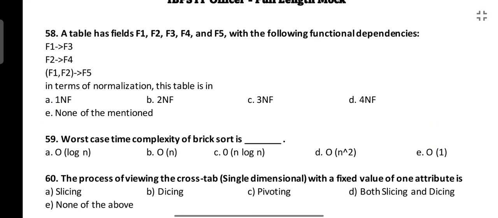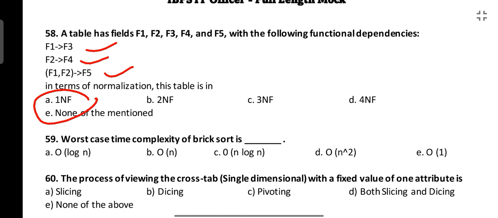Next is, a table has fields F1, F2, F3, F4 and F5 with the following functional dependencies: F1 derives F3, F2 derives F4, and F1, F2 together derive F5. In terms of normalization, this table is in first normal form. How? For second normal form, the criterion is that we should not have any partial dependency.